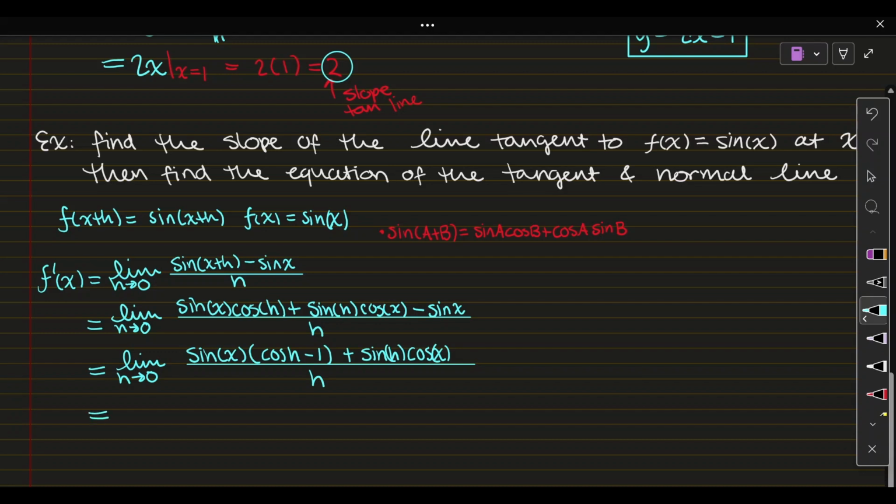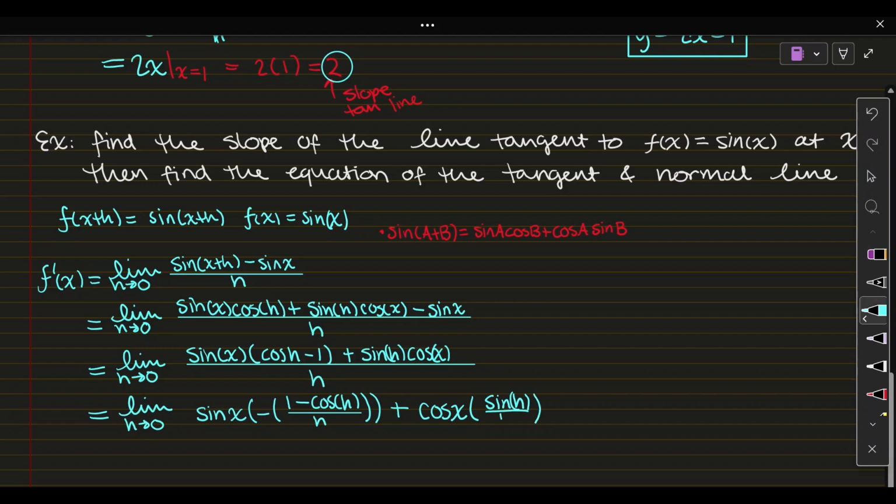This is going to be the same as the limit as h goes to 0 of sine x times, I can write this as negative 1 minus cosine of h over h, plus cosine x times sine h over h.